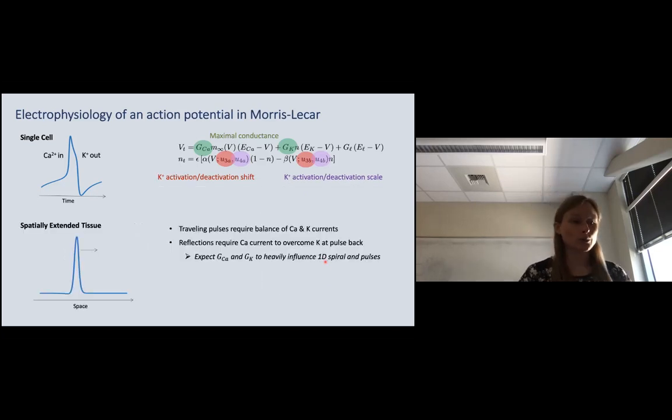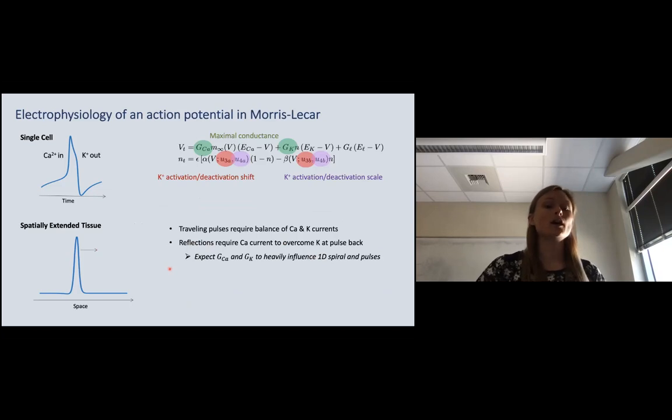So when we look at this in the spatially extended tissue, these traveling pulses, in order for them to exist, require this balance of calcium and potassium currents in order to create these pulses. And so reflections in particular would require that the calcium current overcome the potassium current at the pulse back to actually send out a counter-propagating wave.